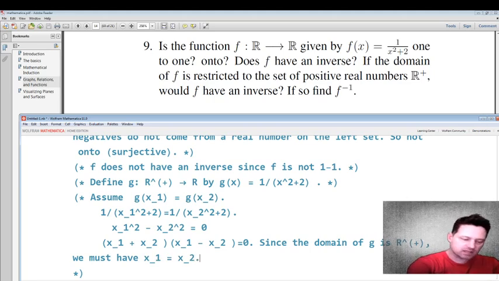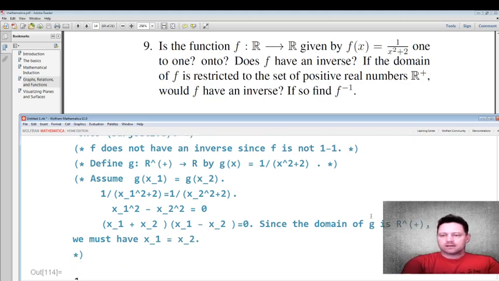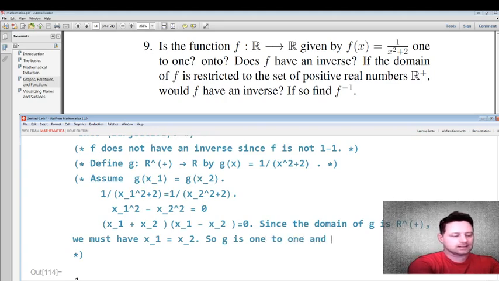That's the only possibility here because we have restricted the domain. So g is 1-to-1 and has an inverse. Okay, so that's this question answered.